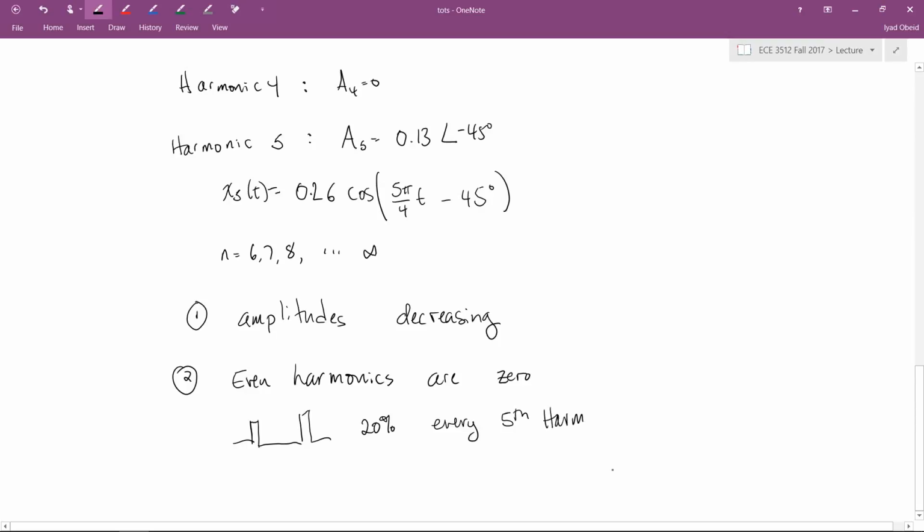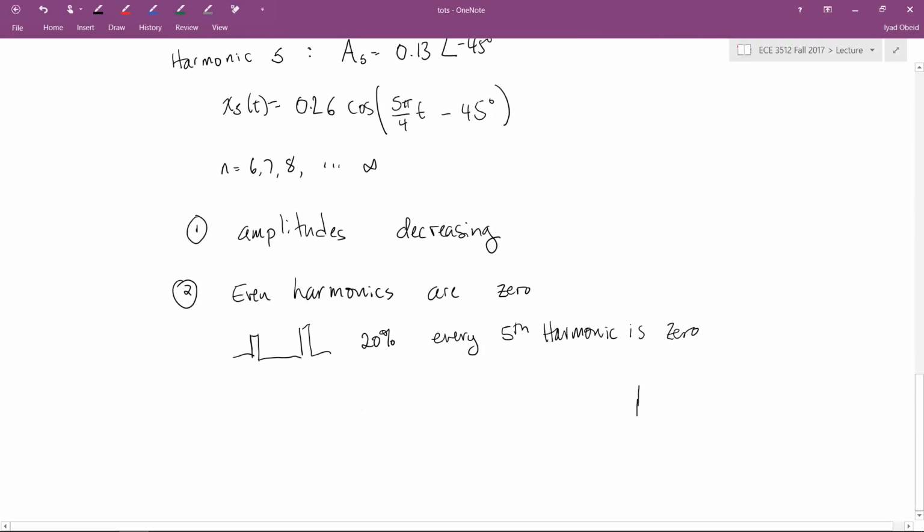Now that's not something that you really need to know, but it's kind of cool. Every fifth harmonic is zero. Again, you don't really need to know that, but for those of you that are interested, that's a neat thing to keep in the back of your head: that for square waves, there's that pattern with the harmonics correlating to the duty cycle.